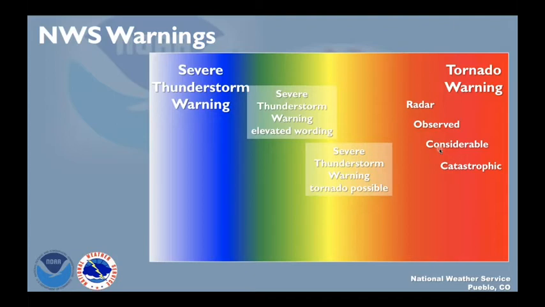Now, if that considerable tornado is going towards, for example, downtown Colorado Springs, unlikely, sure, but possible, we'll definitely issue a catastrophic tag on that. Generally, it's associated with a tornado emergency, and from my understanding, I don't think we've issued a tornado emergency quite yet at NWS in Pueblo.